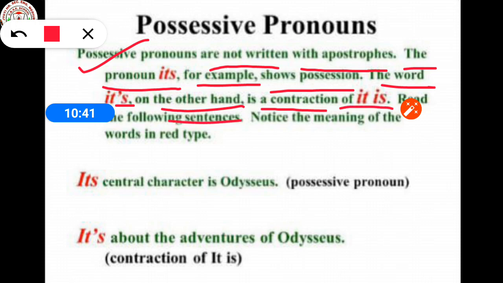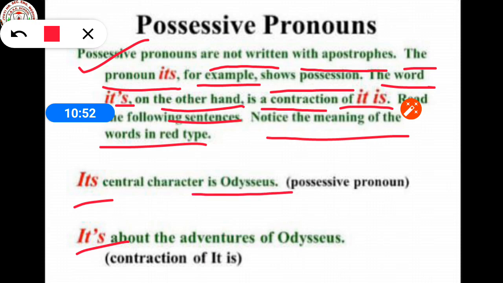So read the following sentences and notice the meaning of the words in red type. Its central character is Odysseus. It relates with possessive pronoun, and it's about the adventures of Odysseus. It relates with contraction of it is.